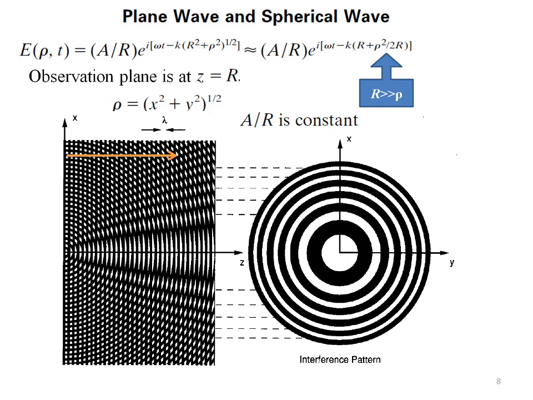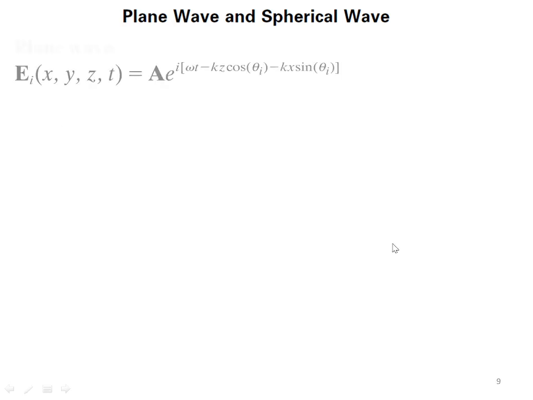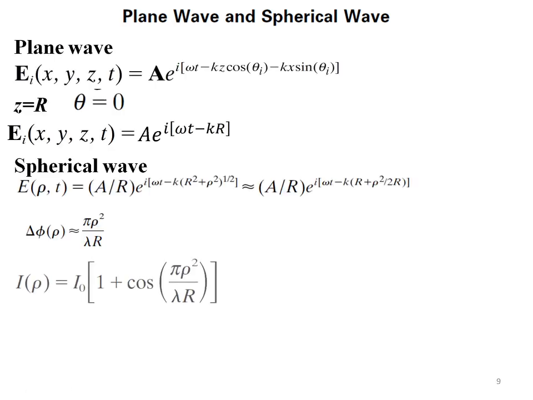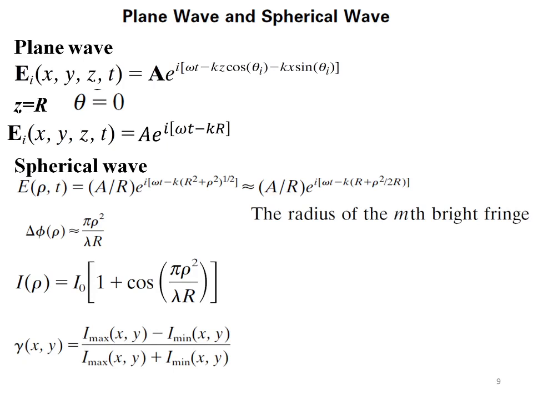It doesn't have angular dependence. It doesn't matter whether we take the radius to this side, or this side, or this side. That is why for a particular value of radius, intensity is going to remain the same, and that is why we will observe the circular fringes in this case.